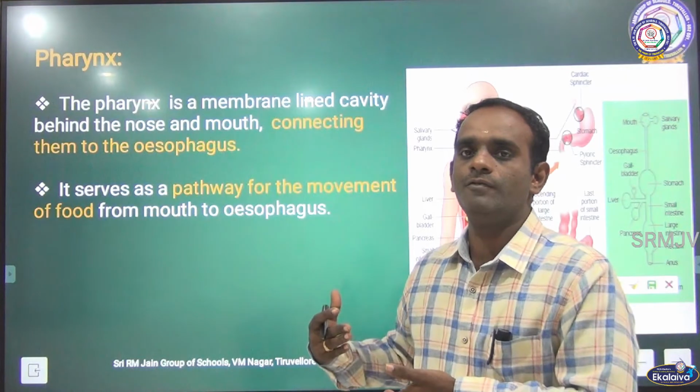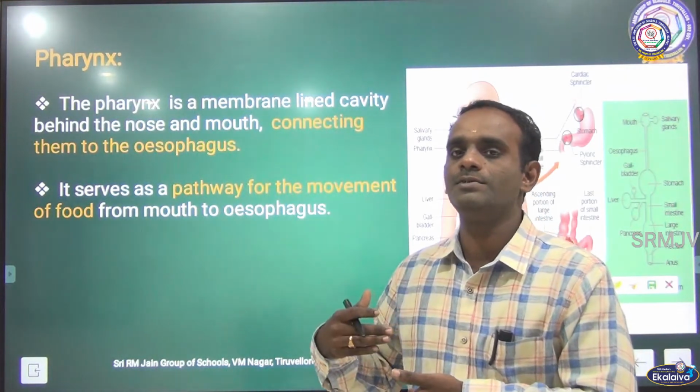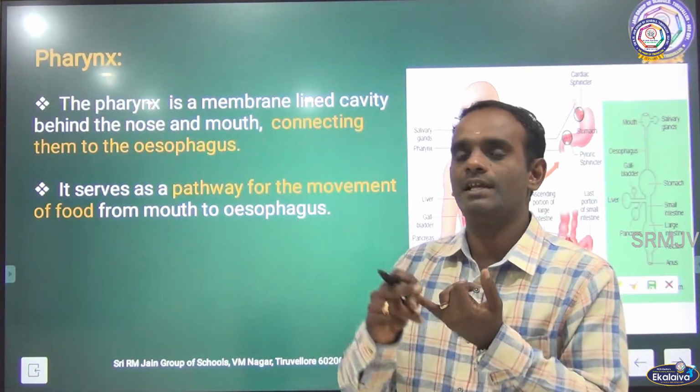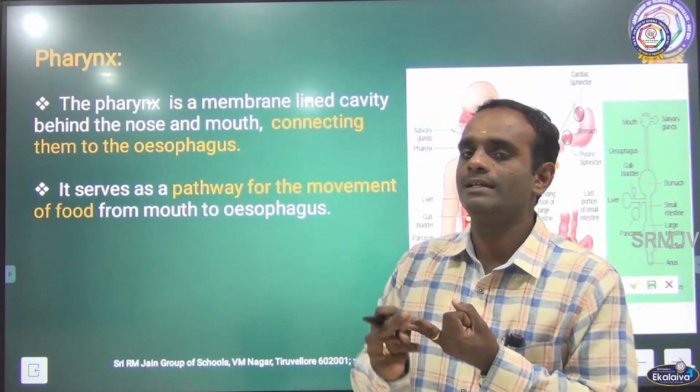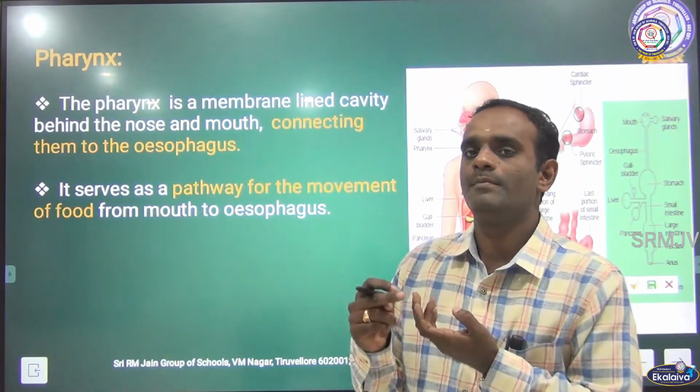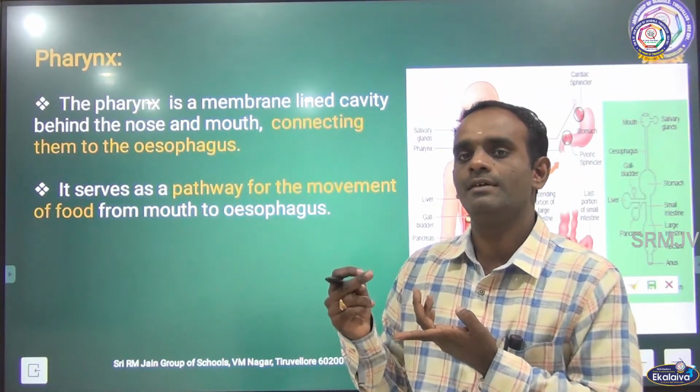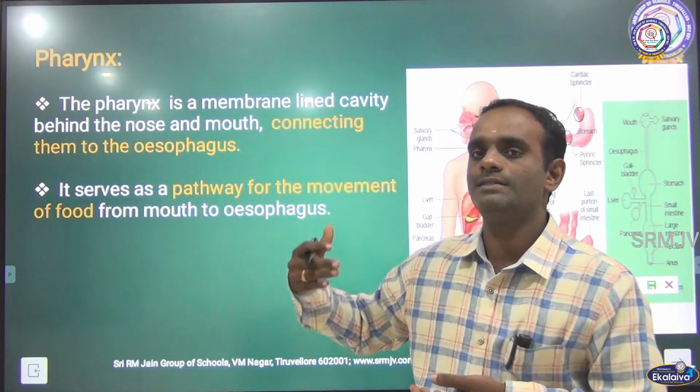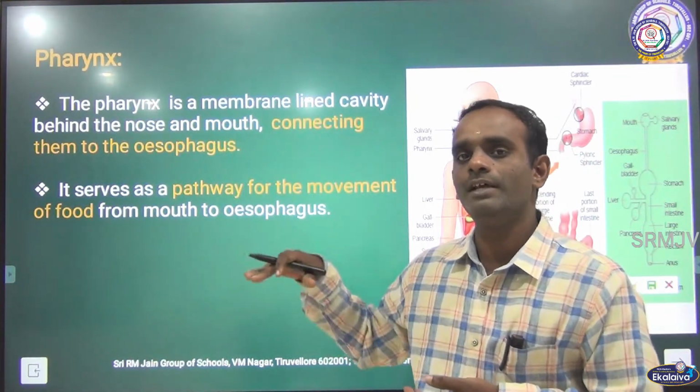The second set of organs, the digestive glands, are, for example, the salivary gland, liver, and pancreas. These are the second set of organs involved in digestion.